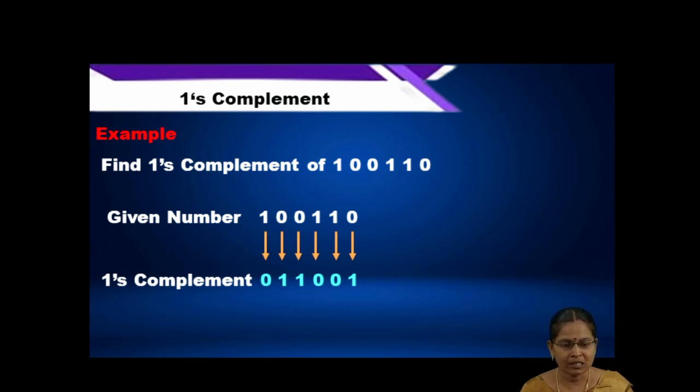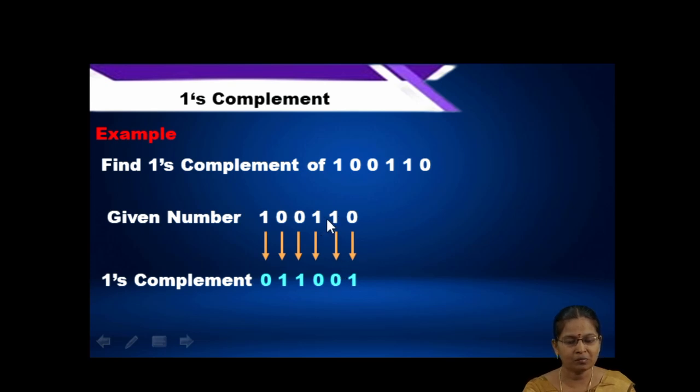So in this example, we have to find the 1's complement of 1, 0, 0, 1, 1, 0. So the given number is 1, 0, 0, 1, 1, 0. Starting from the right position, the value is 0, so it is converted to 1. The previous bit is 1, so it is converted to 0.